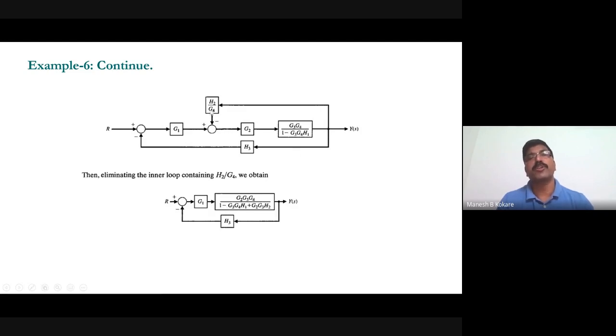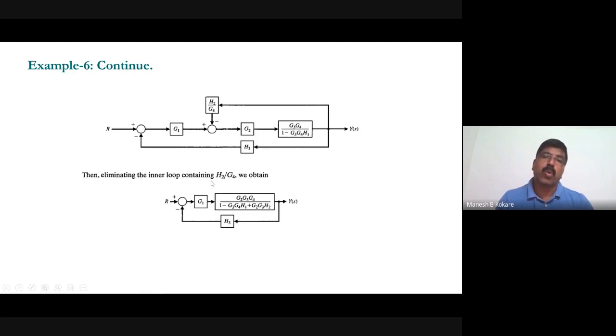So that is after elimination of these three blocks. Now, this block is in cascade with this one. You know that when two blocks are in cascade, you just have to multiply. So this will be g1, g2, g3, g4 divided by 1 minus g3, g4, h1 plus g2, g3, h2.